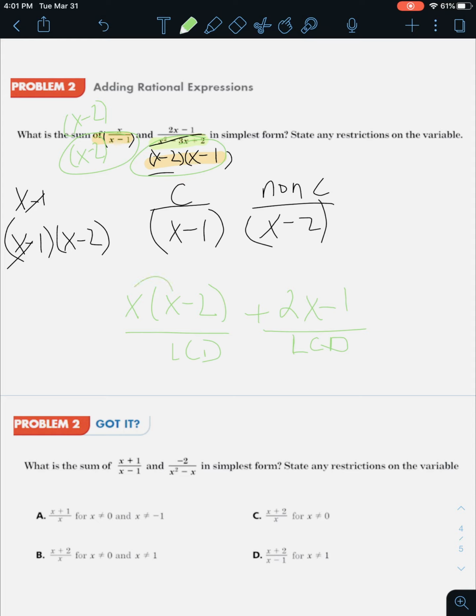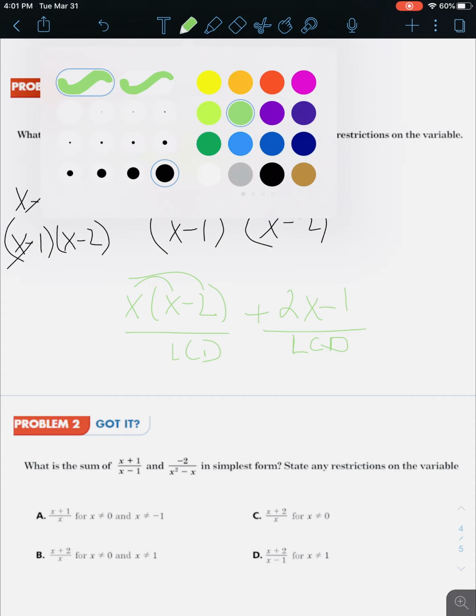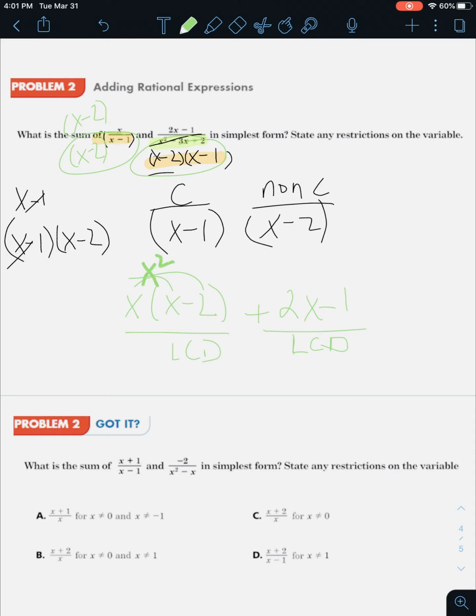Then I distribute, which gives me x squared minus 2x. Now that is added to 2x minus 2. If we take my negative 2x and add it to my positive 2x, those cancel each other out. That gives me x squared minus 2 over (x minus 1)(x minus 2).